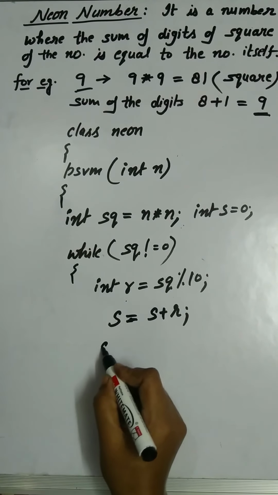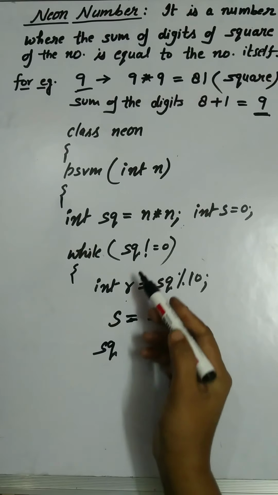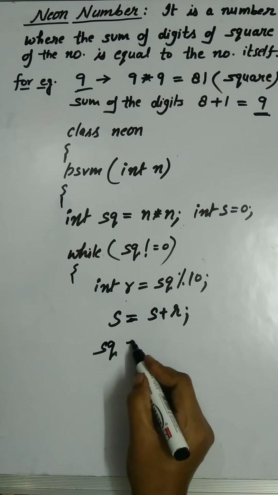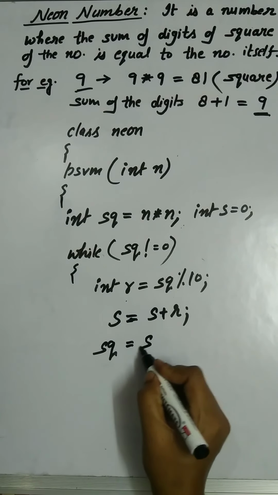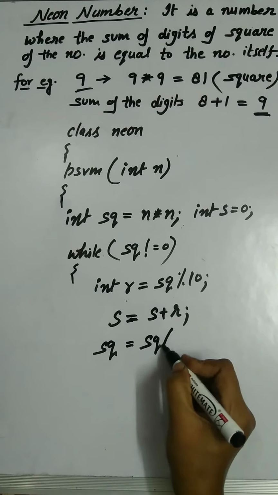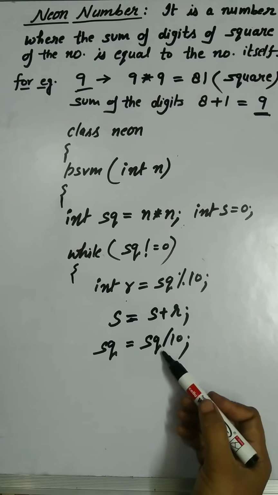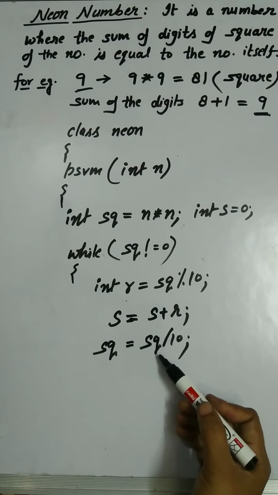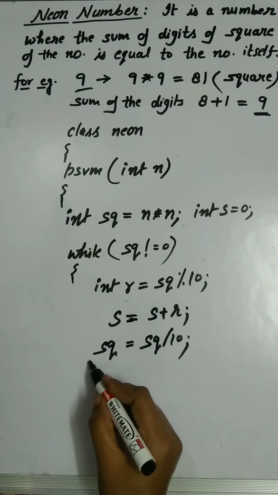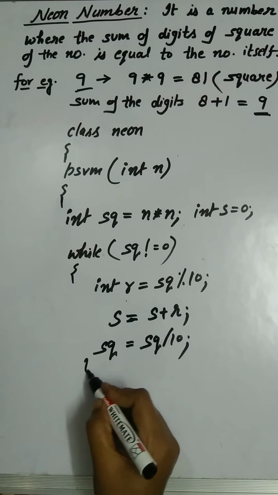So the updation statement, same variable: sq is equal to sq divide 10. Okay, divide 10 means it stores the quotient value. After this, you close your while loop here.